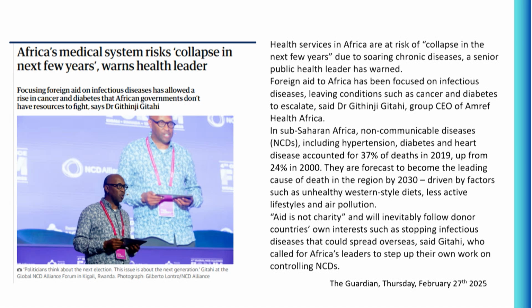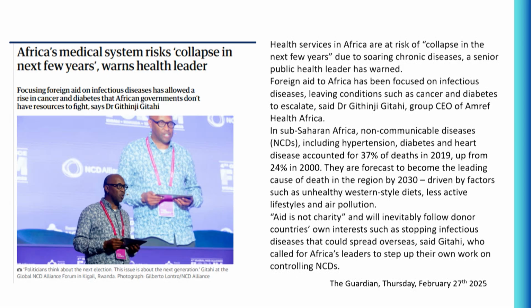Of course we know that Africa is more prone to infectious disease if we look at the history. Maybe that is the reason the donor countries focus more on funding for infectious disease prevention. But that doesn't mean that Africa does not have NCDs.